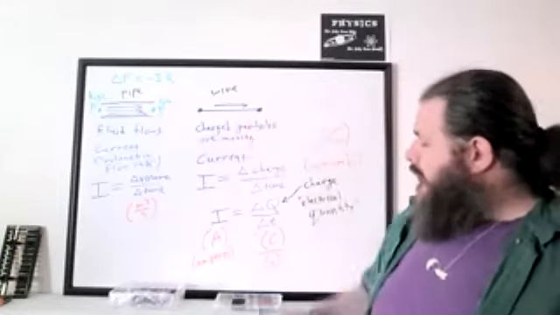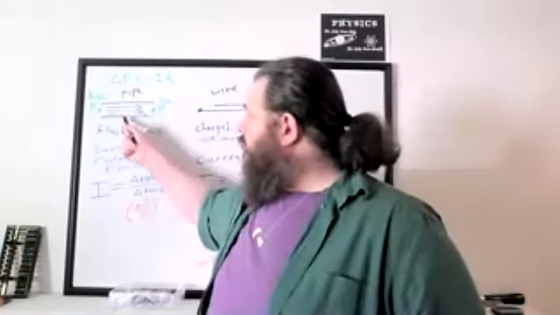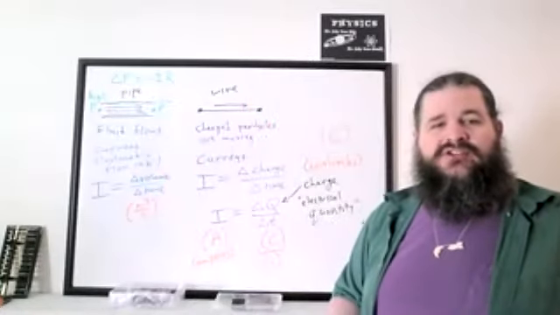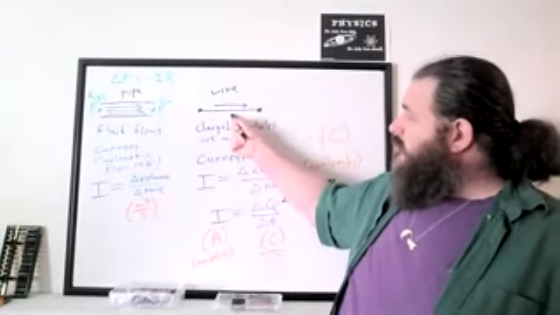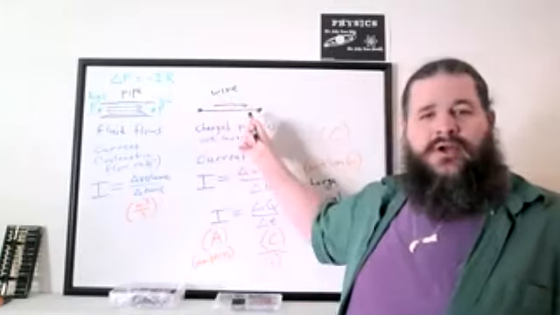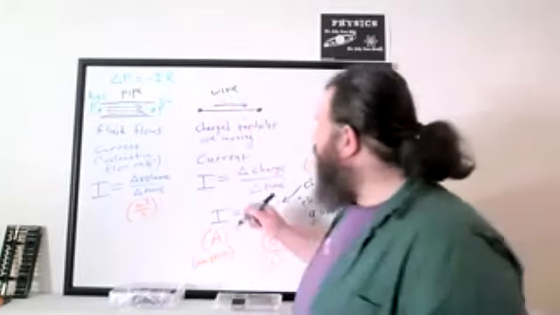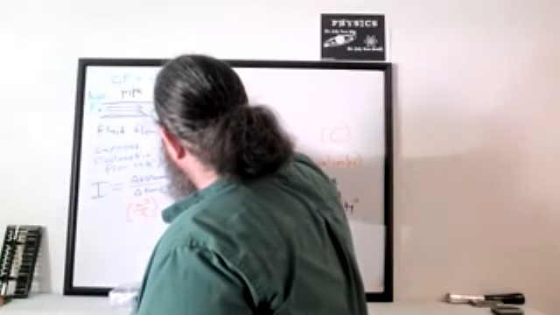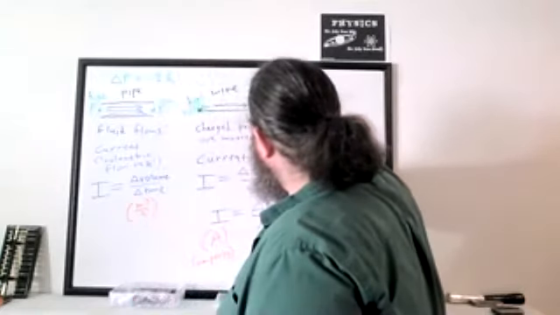For electrical flow, it's a very similar phenomenon. Fluid flow flows from the high pressure zone towards the low pressure zone, and the more difference in pressure there is, the more current is going to flow. Electrical current also flows from a high zone towards a low zone, but instead of pressure, it's this quantity called voltage. We're going to flow from a high voltage zone to a low voltage zone.